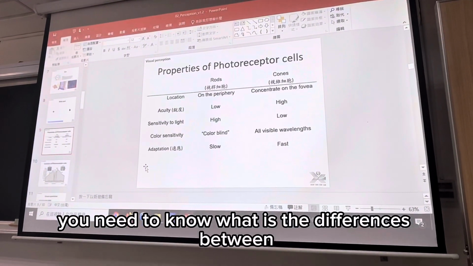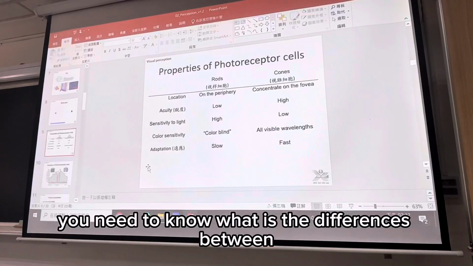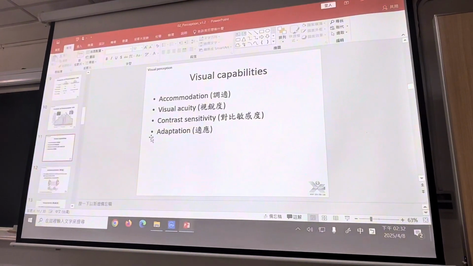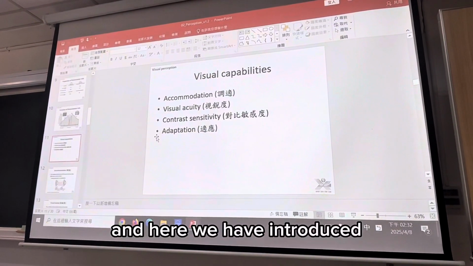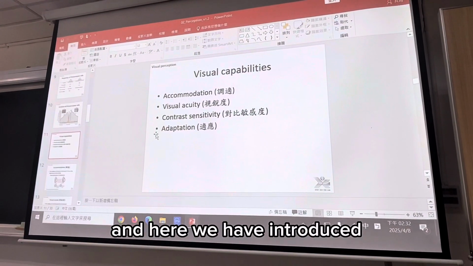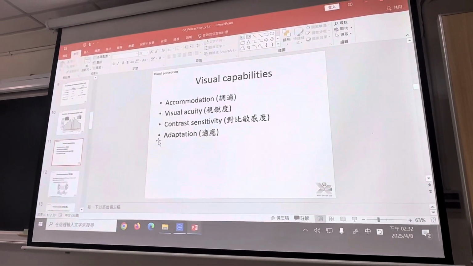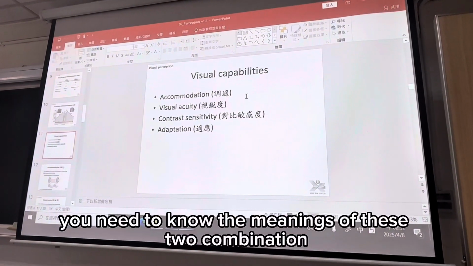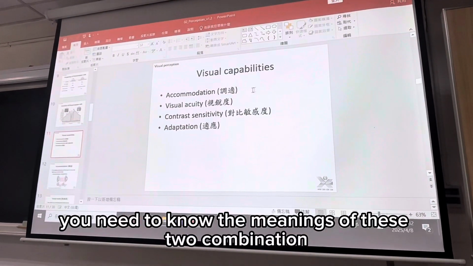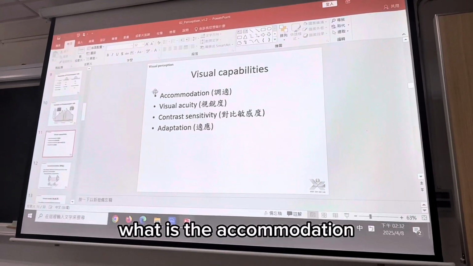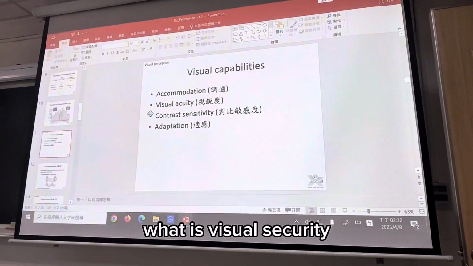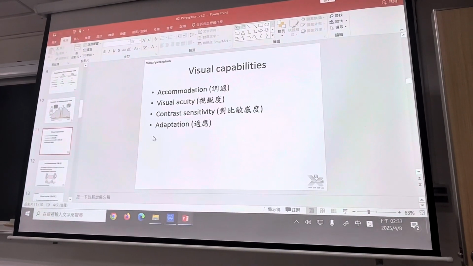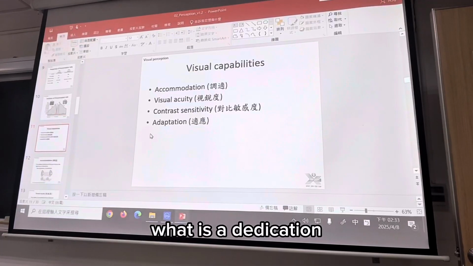You need to know the differences between the rods and the cones. And here we have introduced 4 visual capabilities. So you need to know the meanings: accommodation, visual acuity, contrast sensitivity, and adaptation.